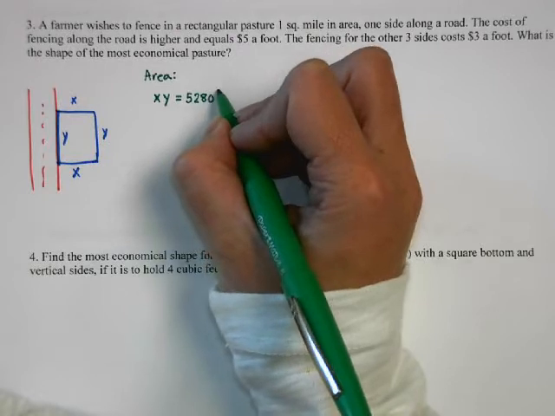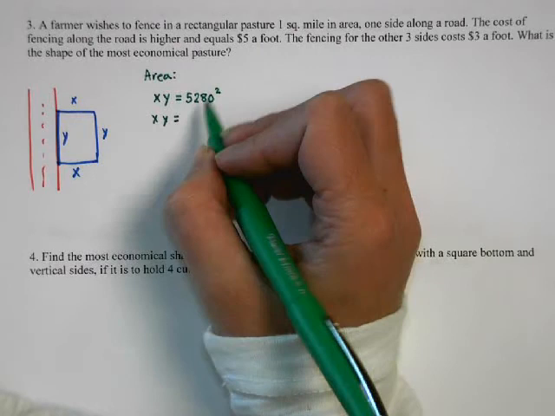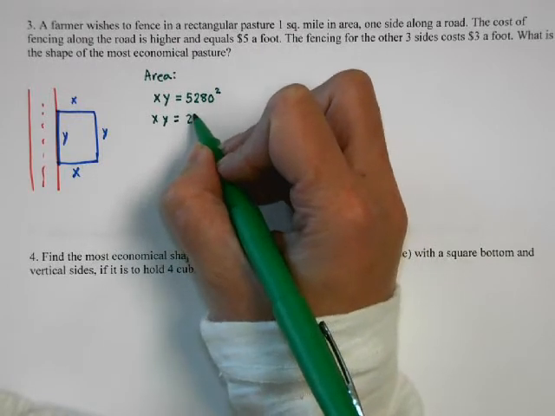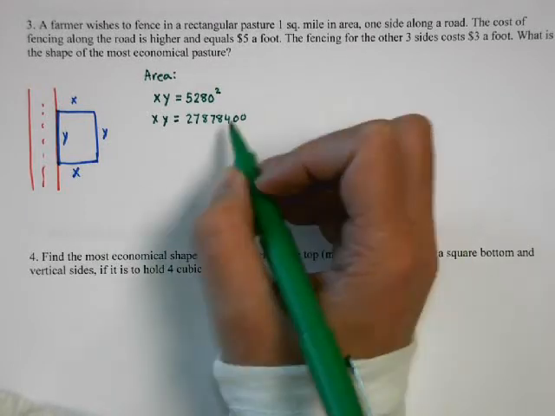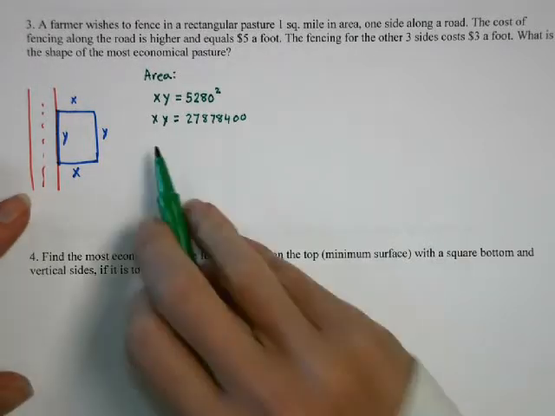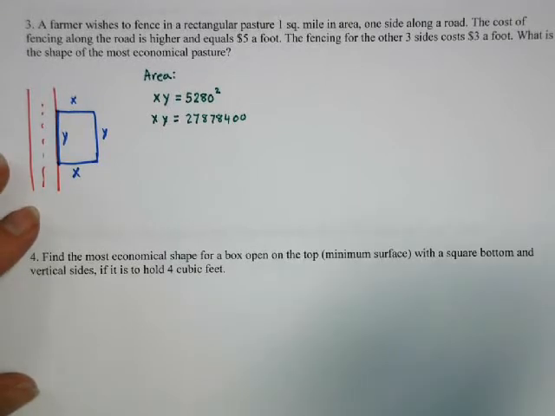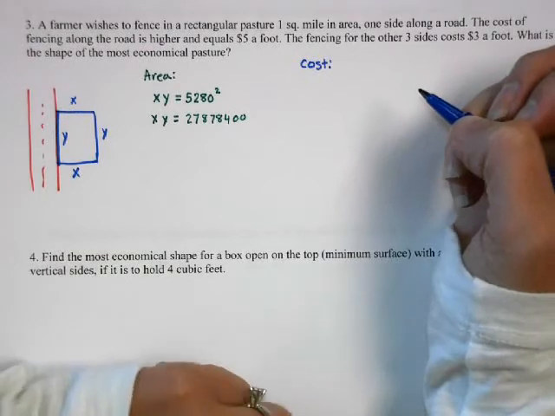So 5,280 squared, which is a large number, 27,878,400 feet squared. I'll come back to this in a second. So what I am trying to optimize here is cost.